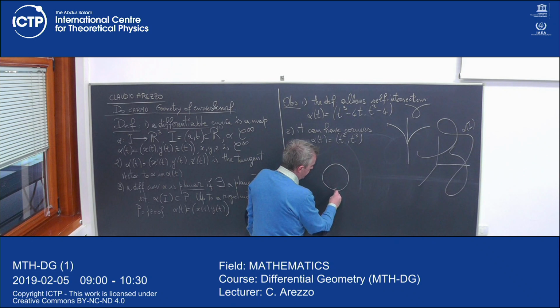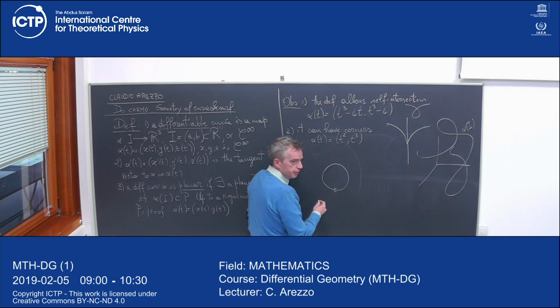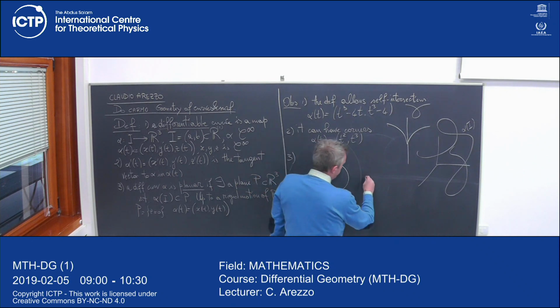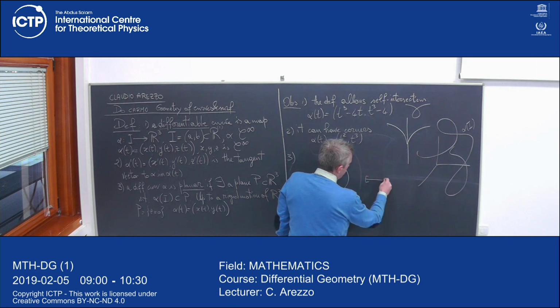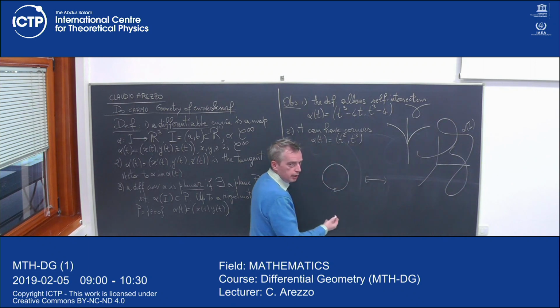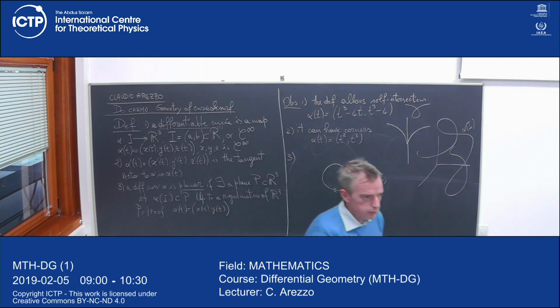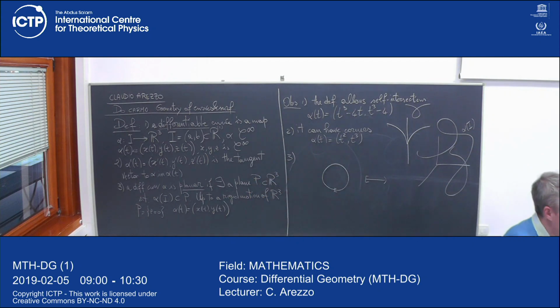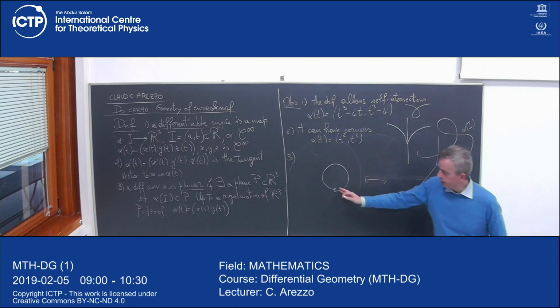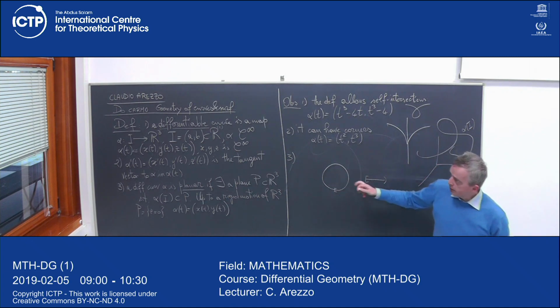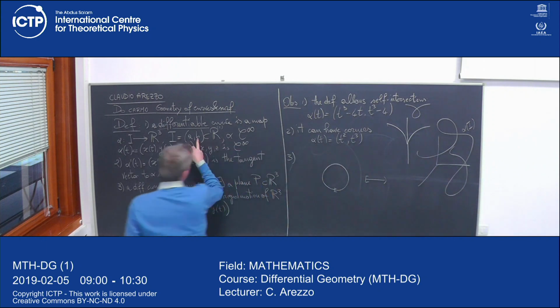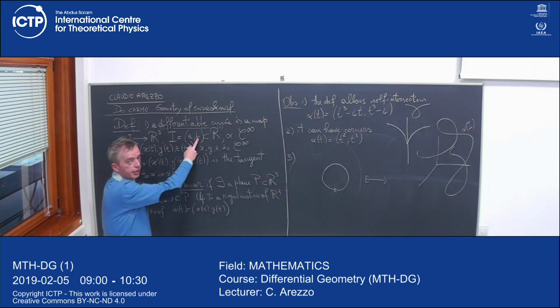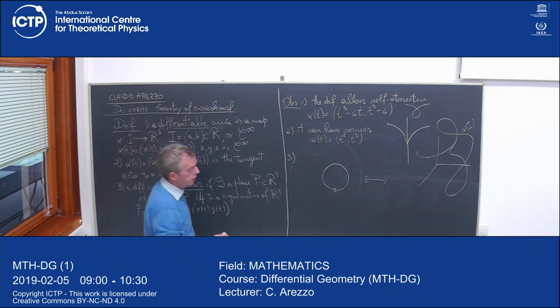If I want to have an injective map, I'm thinking of a map from an interval which is closed on one side and open on the other, because I have to open it up. But this is not an interval in this sense, so this is not allowed.